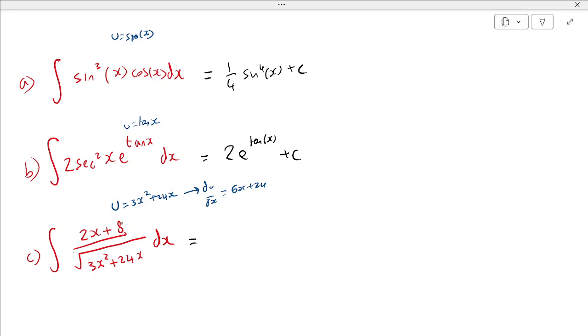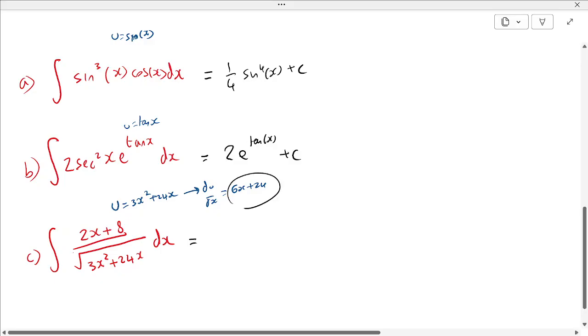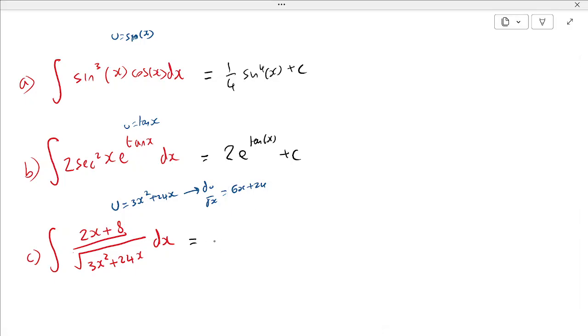Okay, so if my question was 2x plus 9, this is very difficult. This is, I think, further maths only, right? Because it's a 2x plus 8, it's very nicely an exact derivative. This substitution will work. You'll divide through by this, and you'll just get a factor of 3, or 1 over 3. And your final answer should be, it's going to take me a second now.